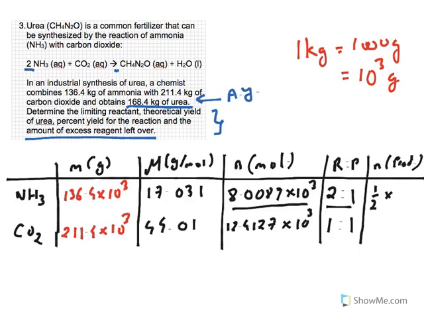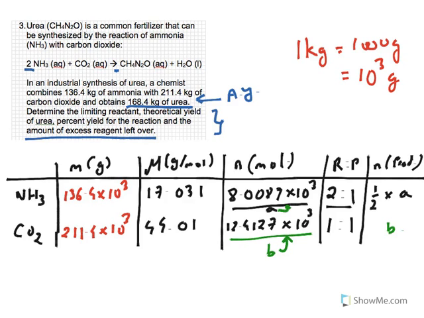So let's say this value is A, so we'll have half times A. For carbon dioxide, let's call this B. So we have a ratio of 1 to 1, it's the same, so we're going to have just B. Okay, now that we know the moles of our product, we can plug in the moles of the reactants that we have to get the moles of the product, like the actual values.